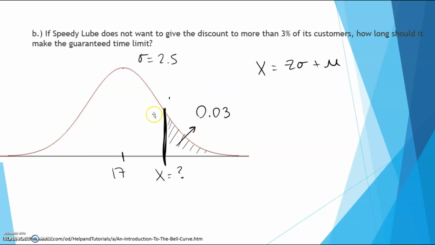So to get the area to the left, if the whole thing is 1, and the area to the right is 0.03, then the area to the left is going to be 1 minus 0.03, or the same thing as 0.97. So this is the number I need to take back to that table.